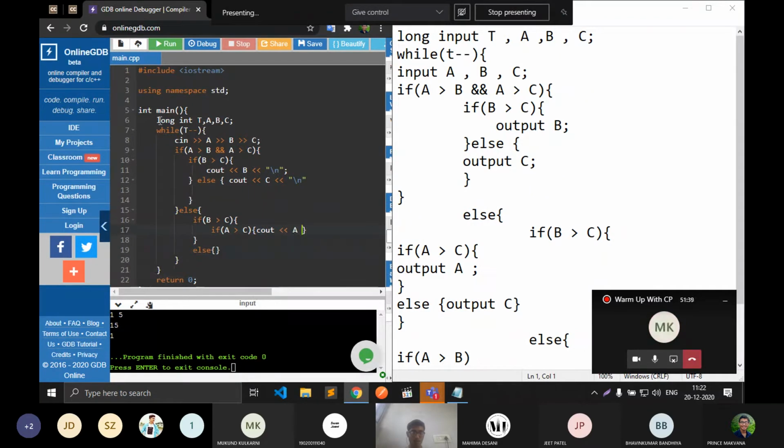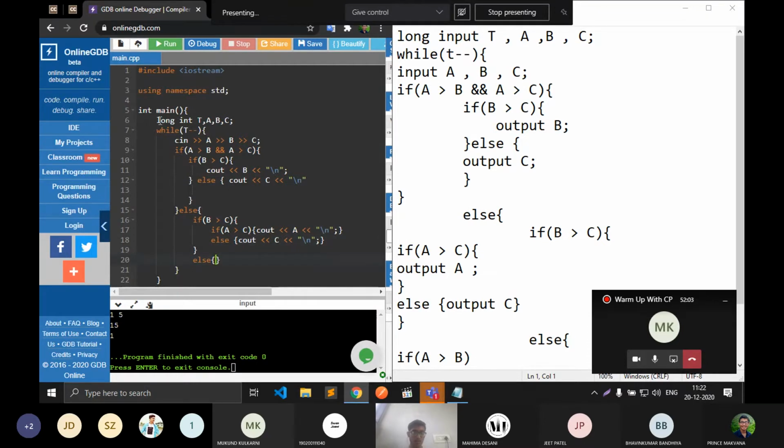A is big, so that is in brackets. Okay, done. Else cout is c, right. This is a, c. That's complete.